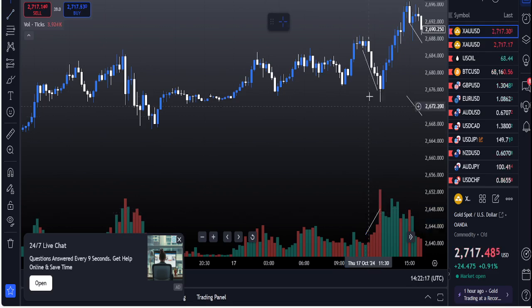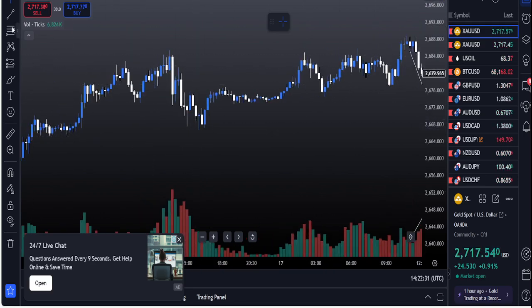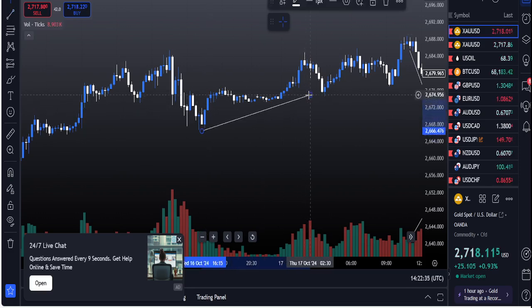That means it is a bearish volume. When the market is going down and volume is increasing, we call it bearish volume. And in other words, when the market is going up and volume is decreasing, that is also a bearish volume.